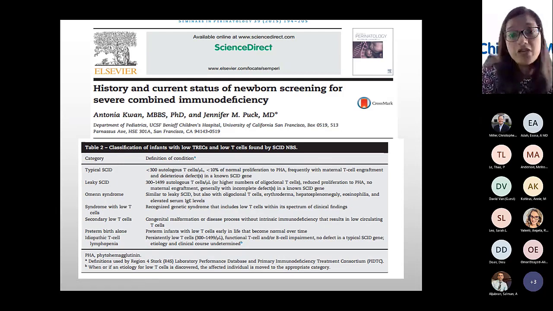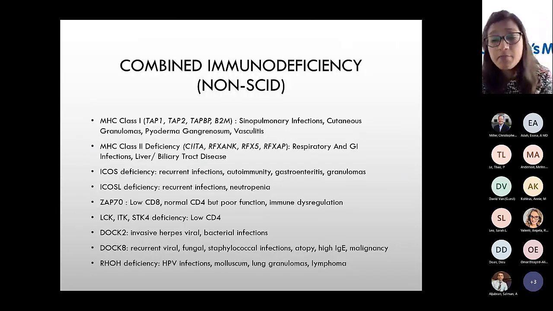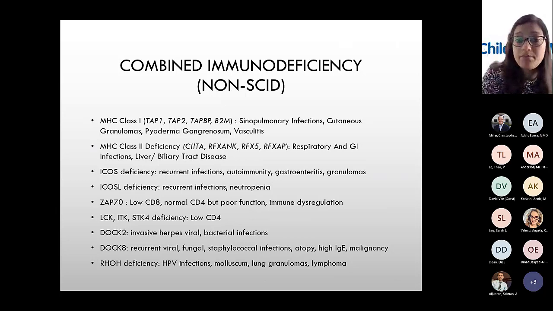There's a lot of information that we can go over for SCID, but here is just one slide to go over what SCID is. Less than 300 alpha beta autologous T cells with lack of function of T cells is typical SCID. There are other reasons for abnormal screen for SCID that I'll let you look at later. There's a long list of combined immunodeficiencies that are not SCID.